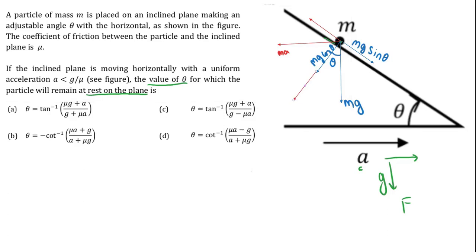So in this case, our theta will be right here, ma cos theta, and the other one ma sin theta. Now we have got the gravitational force and the force due to acceleration as free body diagrams.